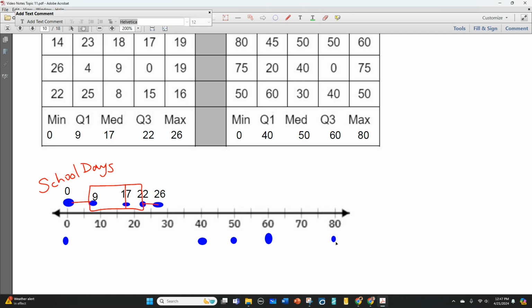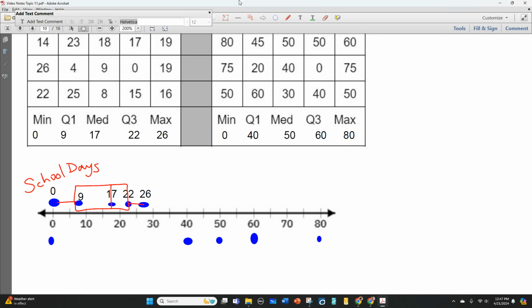Okay, so my IQR is 60 minus 40, so IQR equals 20.